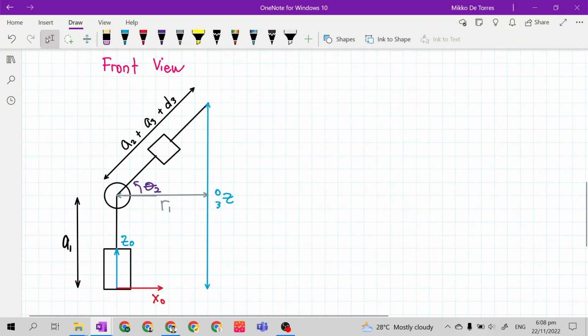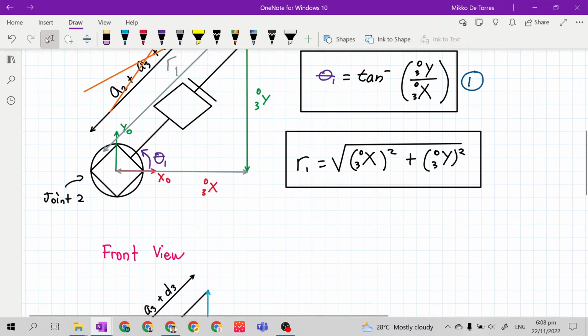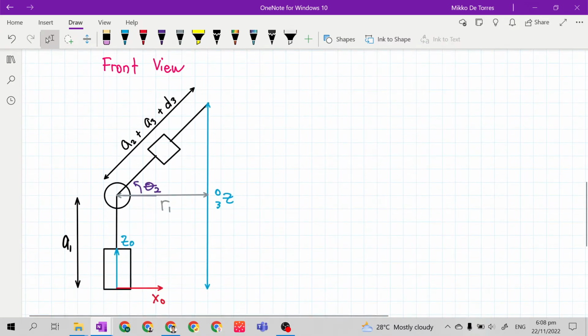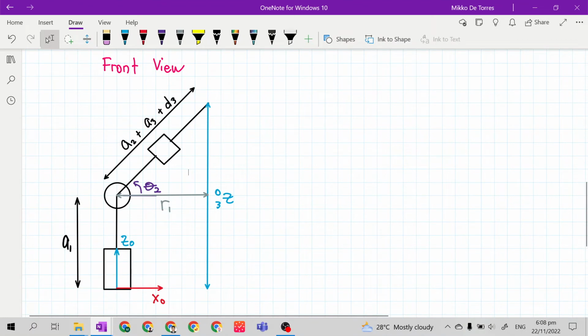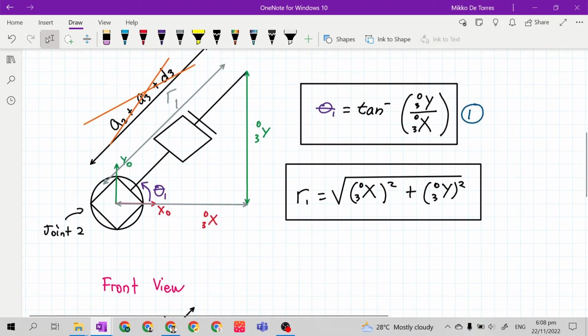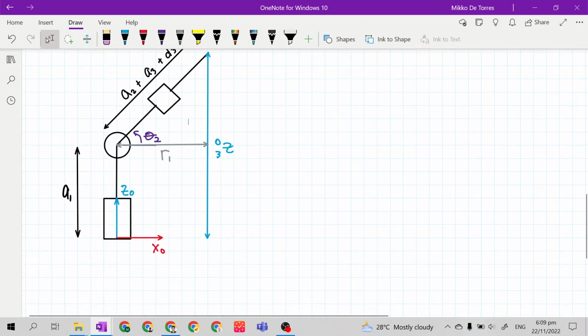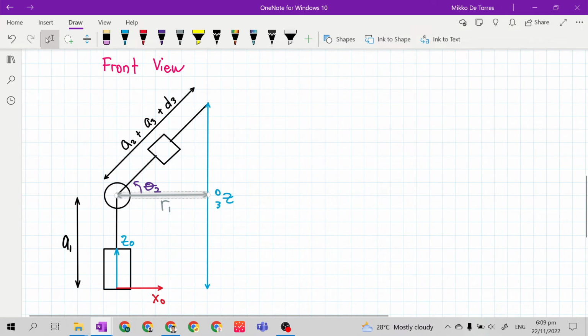So at top view it looks like this, but in reality it may not look like this. So in front view, our r sub 1 from top view will be the horizontal side here, while the hypotenuse is a sub 2 plus a sub 3 plus d sub 3.